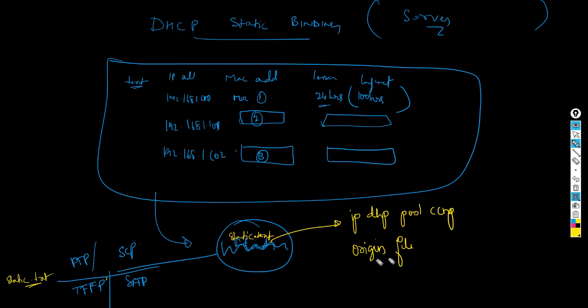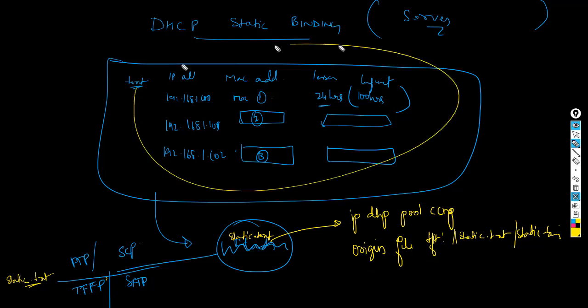So I'm gonna point it: origin file TFTP static.txt, and I'm gonna say that it's a static binding. That's all. If I do this, the whole pattern will get automatically adopted, and we can verify with the help of show IP DHCP binding.